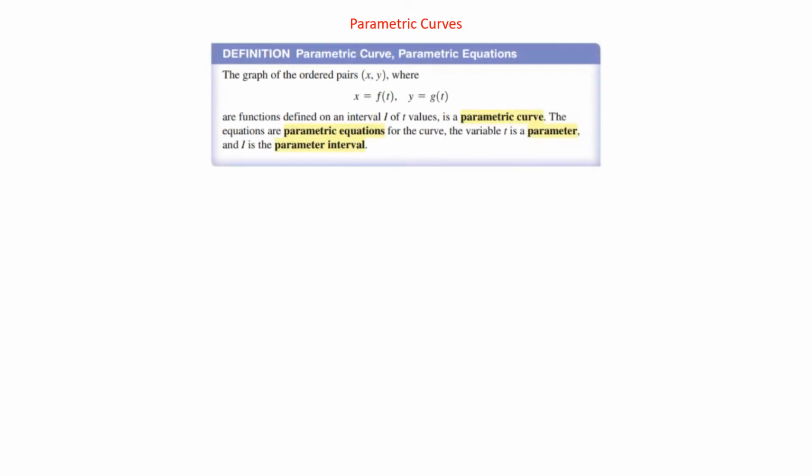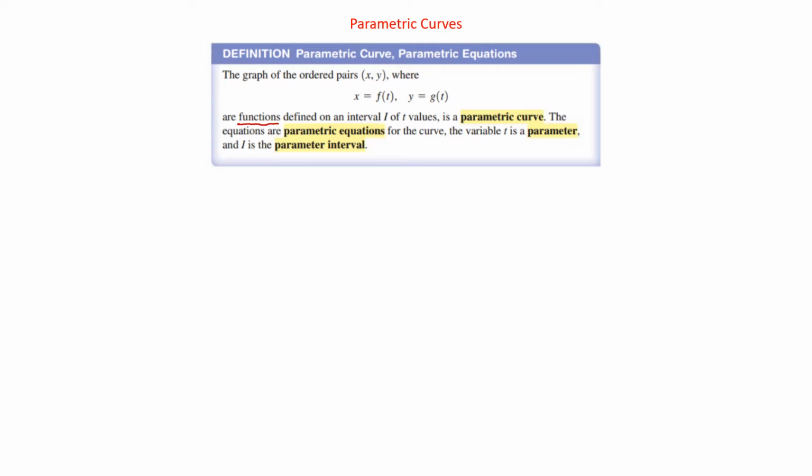So then we also have these parametric curves. Well, what are parametric curves? Just the graphs of a parametric equation, honestly. So we have the ordered pair x, y. x is f of t, y is g of t. The functions defined on the interval is a parametric curve. Now, it's using the word functions.